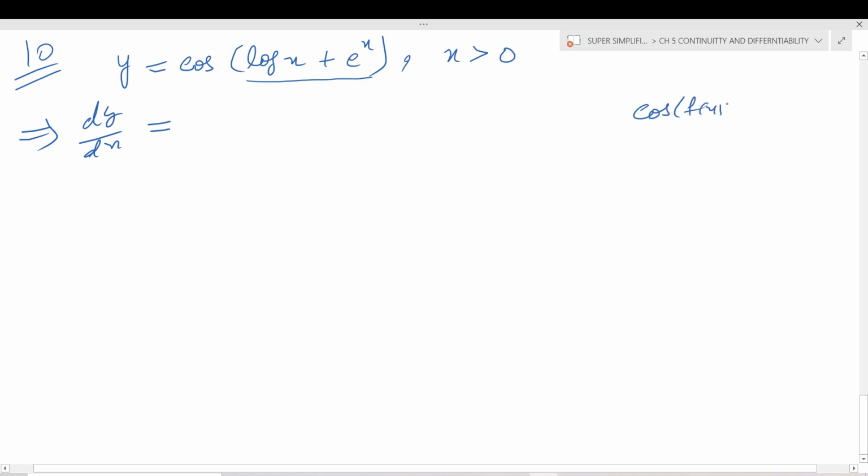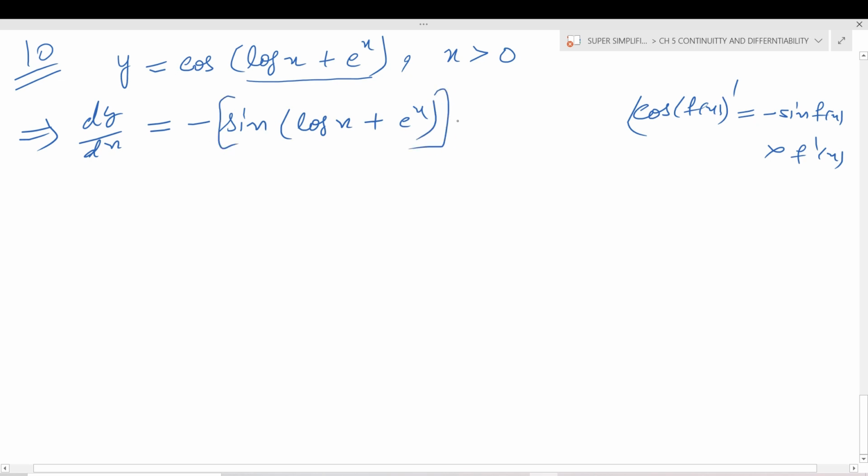Its derivative will be minus sine of f(x) multiplied by f dash x. So its derivative will be minus sine of log x plus e^x, and this whole expression is to be multiplied with the derivative of log x plus e^x.